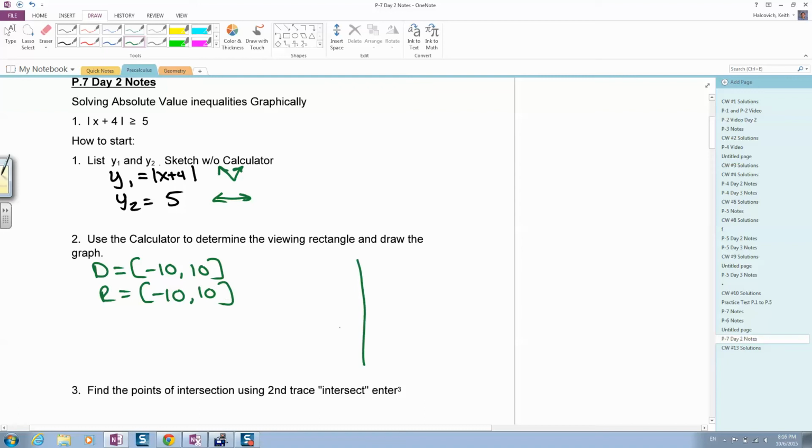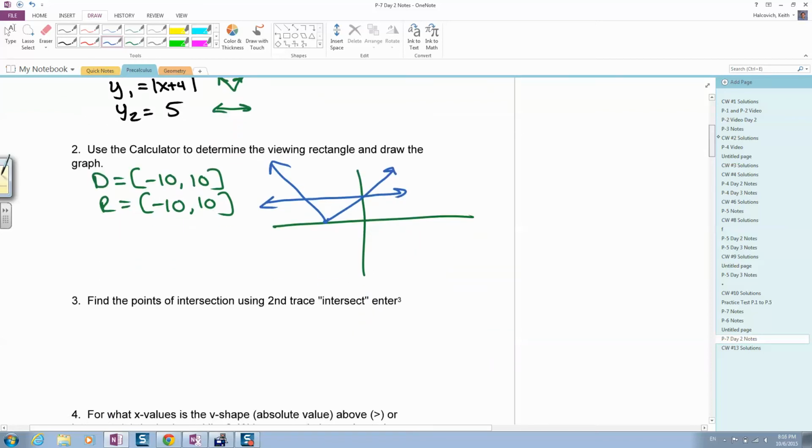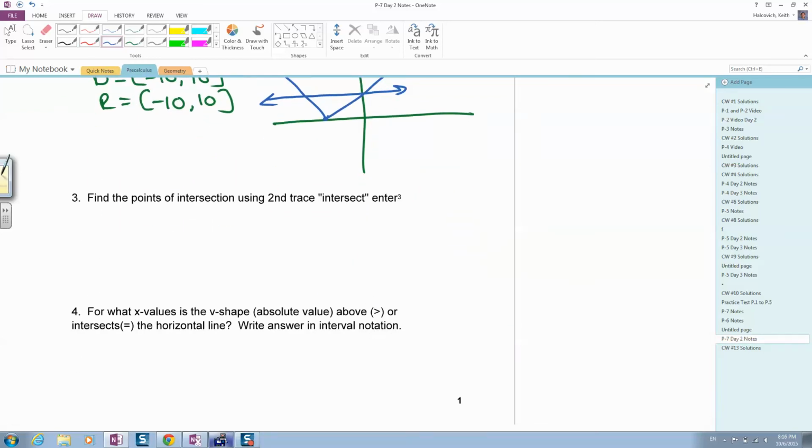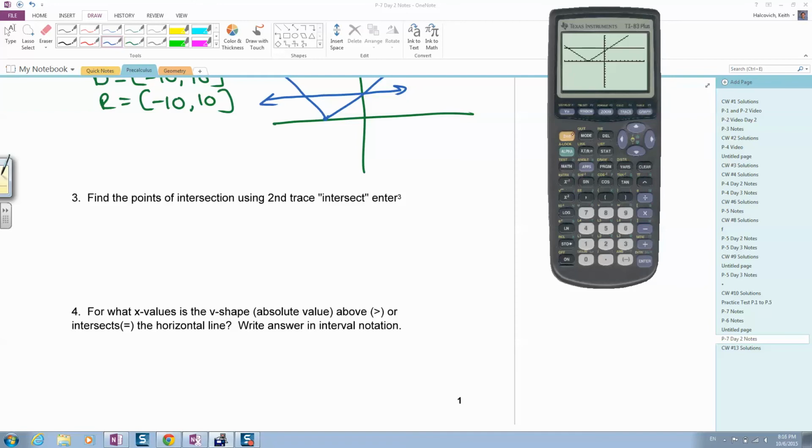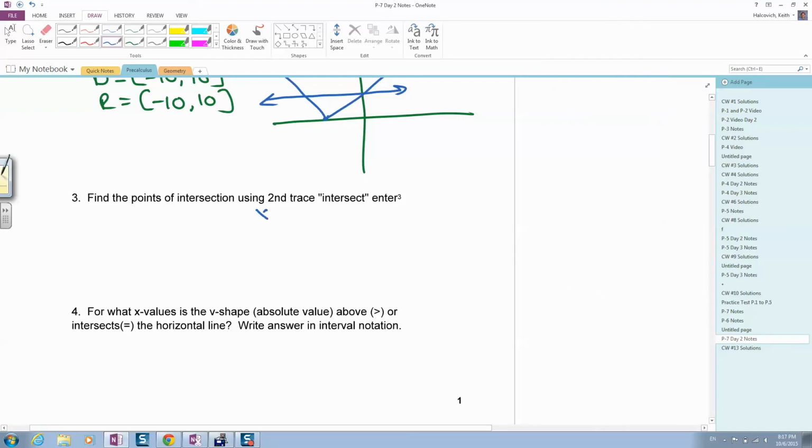And then drawing the graph, we have a V that's intersected by a line. Then we're going to find the intersection points by using our second trace, intersect, enter, enter, enter. So the first intersection point is when x equals 1.